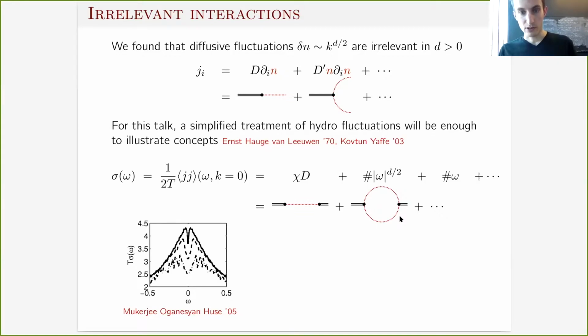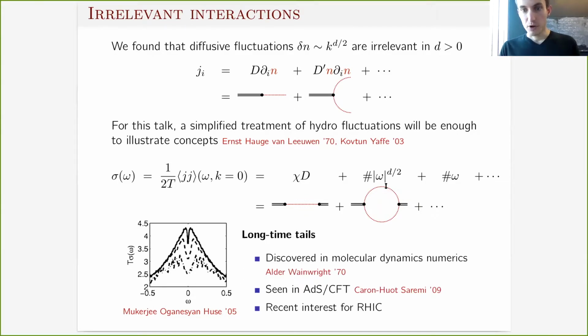Another is that in low dimensions, even though it's smaller than this leading term, it's larger than the next correction in hydrodynamics. So it might be visible, in particular in one dimension. In fact, it was seen in this paper where they did exact diagonalization in a one-dimensional interacting lattice system, and saw a 1/√ω correction to the conductivity at small frequencies.